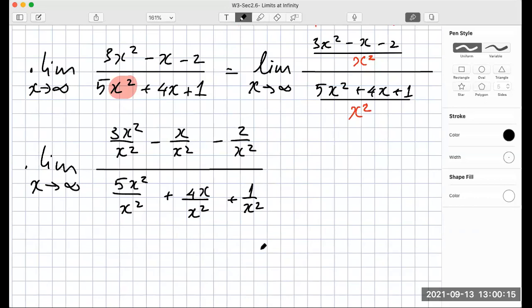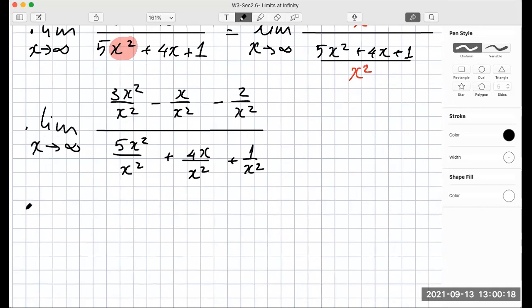Can we cancel it? Three x squared divided by x squared, it will be? Very good, 3. Subtract what?